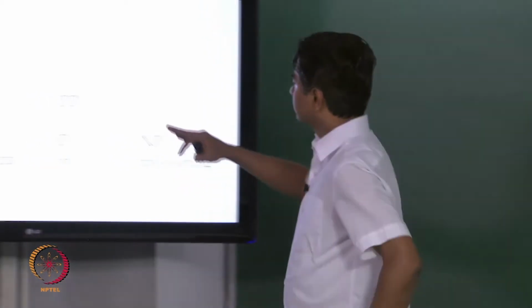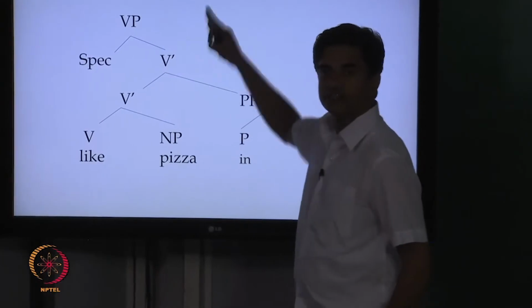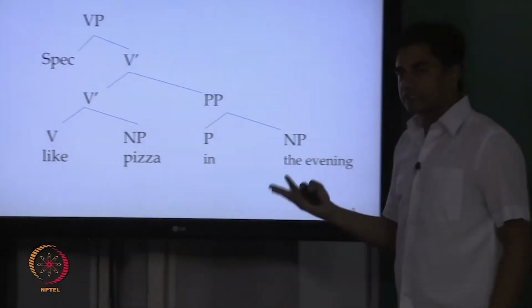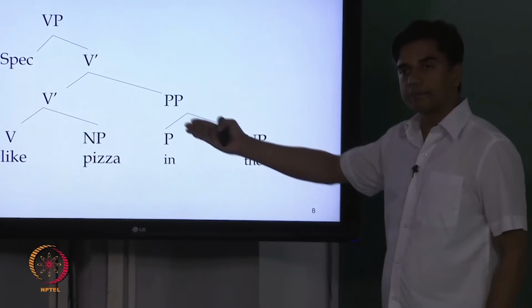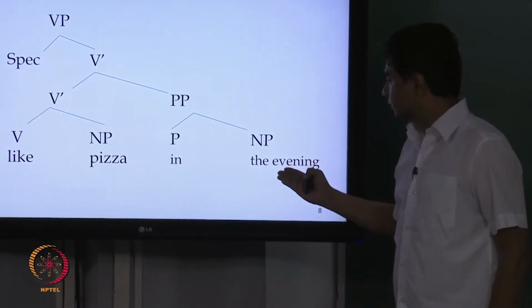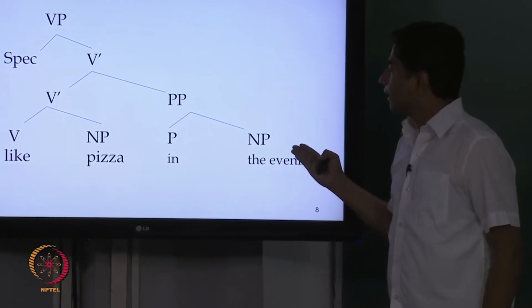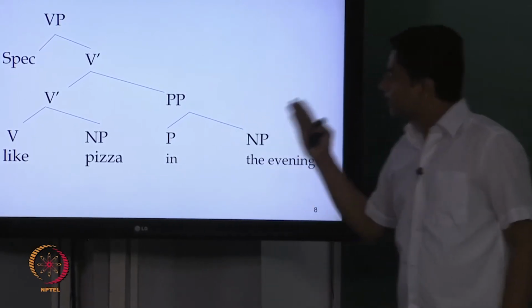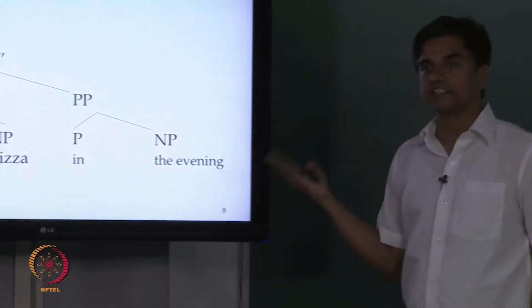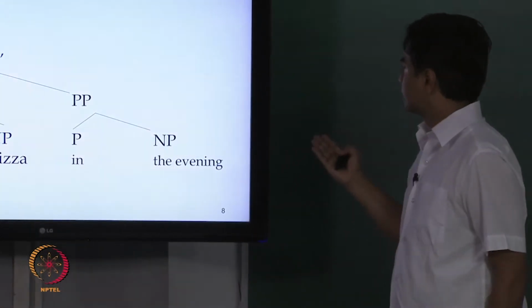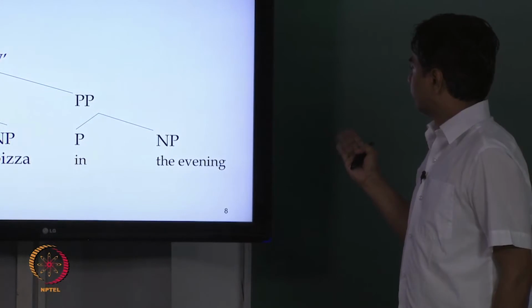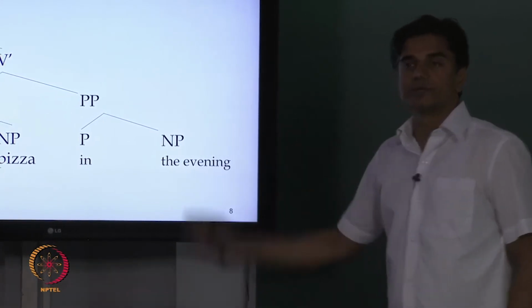Here we have just another V bar adjoined, which captures the way phrases are conceptually available in the deep structure of the phrase, and also captures the distinction between a complement and the adjunct. Making sense?